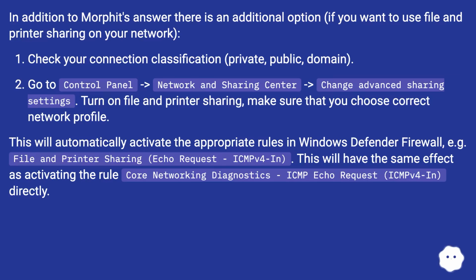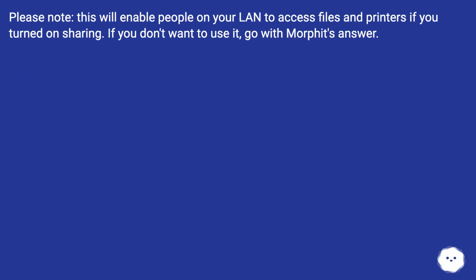This will automatically activate the appropriate rules in Windows Defender Firewall, e.g. File and Printer Sharing (Echo Request - ICMPv4-In). This will have the same effect as activating the rule Core Networking Diagnostics - ICMP Echo Request - ICMPv4-In directly. Please note, this will enable people on your LAN to access files and printers if you turned on sharing. If you don't want to use it, go with Morfit's answer.